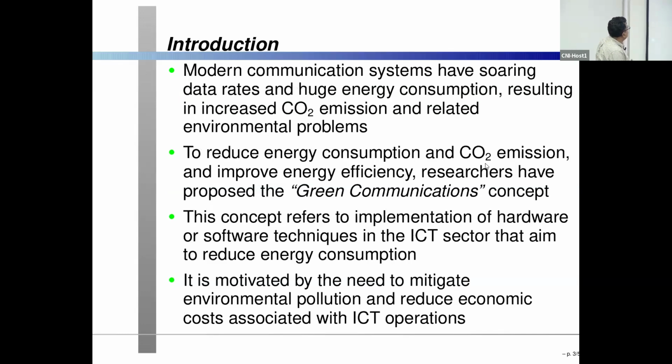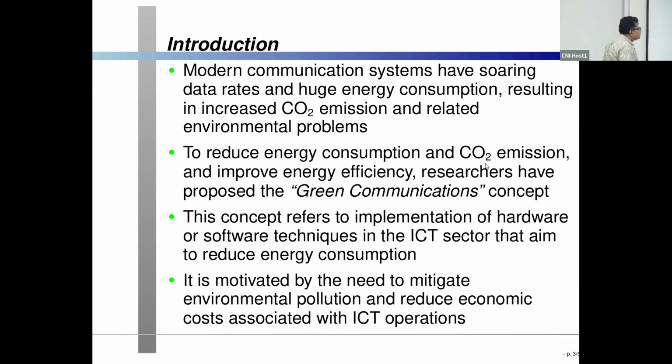Okay, so as you know, modern communication systems have soaring data rates and huge energy consumption, resulting in increased CO2 emission and related environmental problems. And to reduce this, we go into what we call the green communications concept.